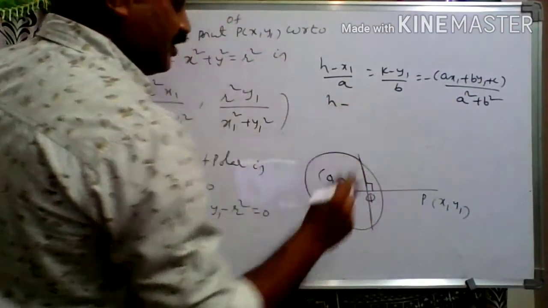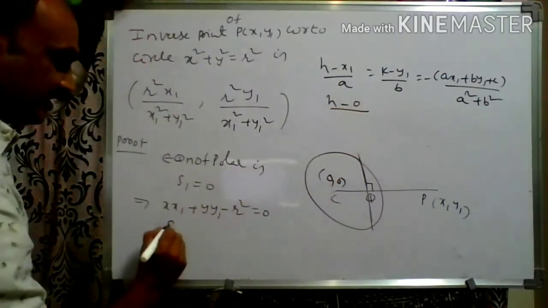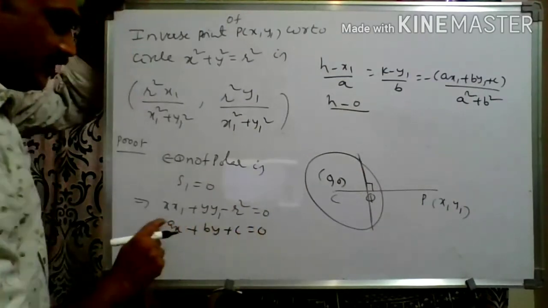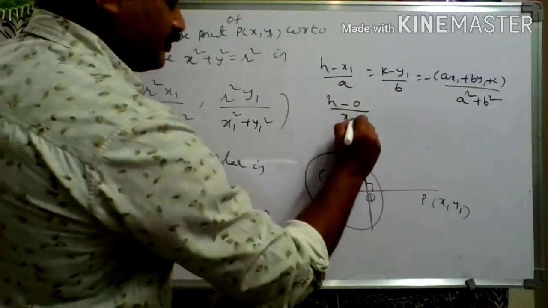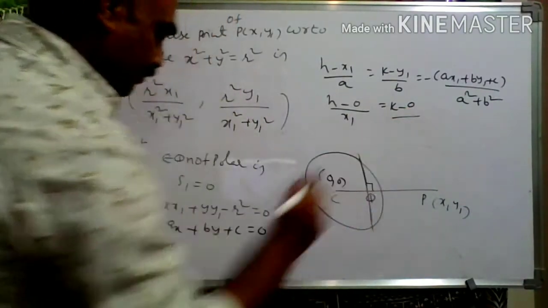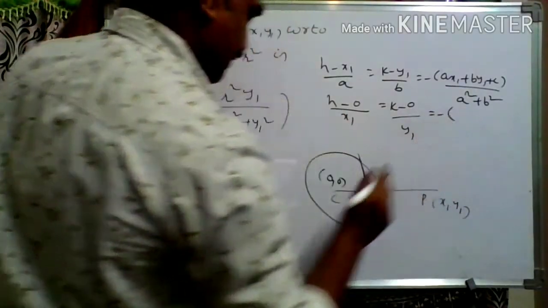Here (x1, y1) is (0, 0), and the line is ax plus by plus c is equal to 0.